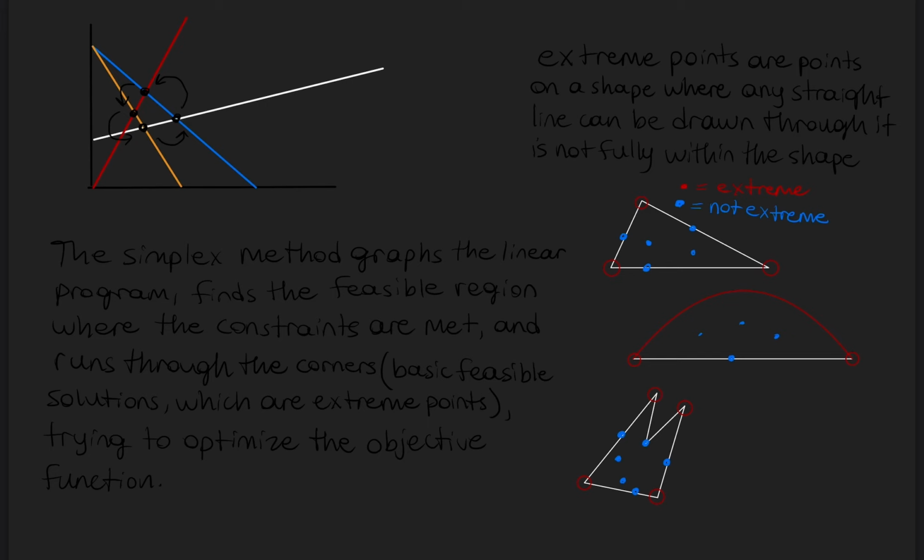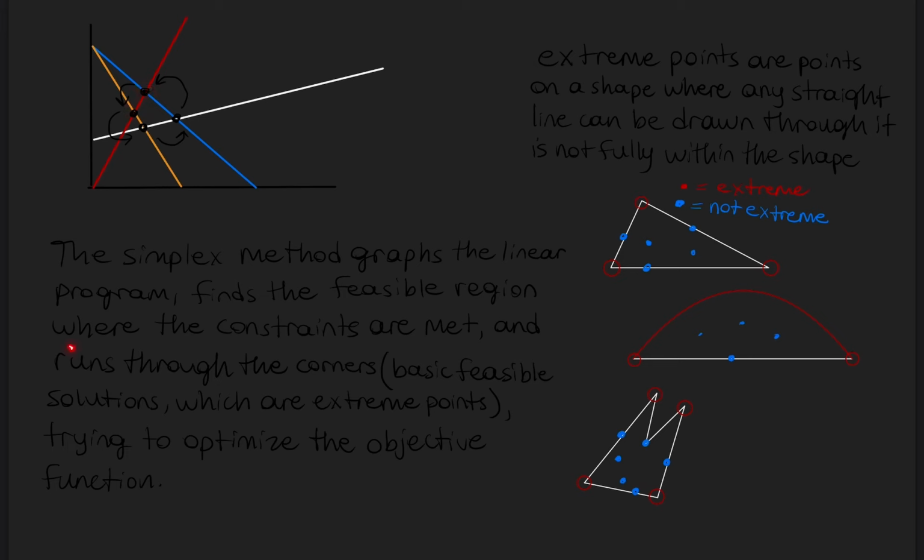And the simplex method also runs through the corners of this shape. And these corners are also known as basic feasible solutions, which are also extreme points. And these basic feasible solutions are basically just the edges of the feasible boundary.